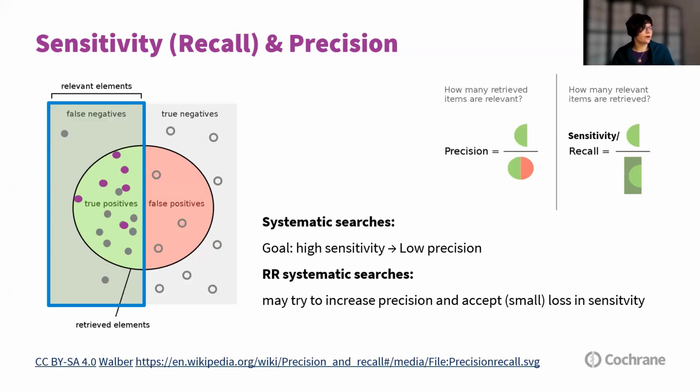And so for a rapid review search, it might be acceptable to say, okay, I will conduct a search which finds the vast majority of relevant records, but I know there is a bit I will miss, and I will accept that because the search result as a whole, the number of records retrieved, becomes more manageable.